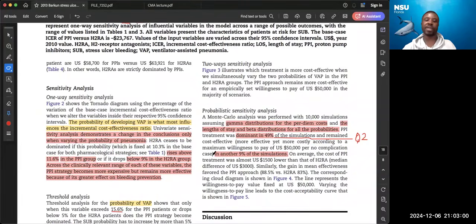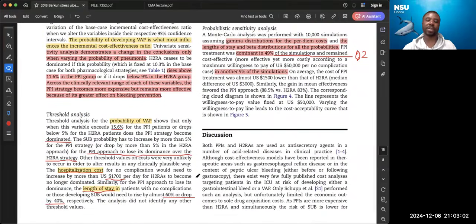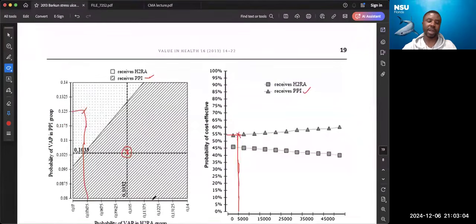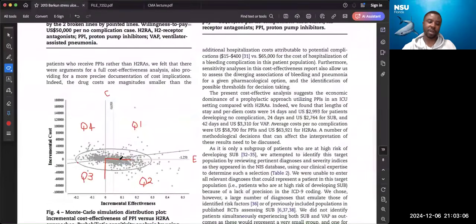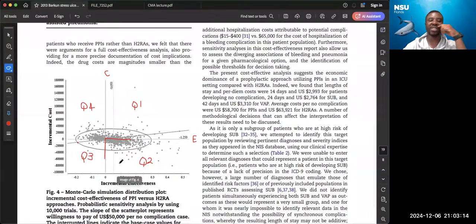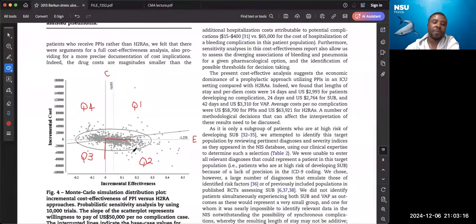So let me show you where it says 49% of it is dominant. Like I showed you in the other graph, you see I drew this line here. It means that when they did the multi-way sensitivity analysis, they saw that 49% of the simulation falls under this plane here, the quadrant 2.